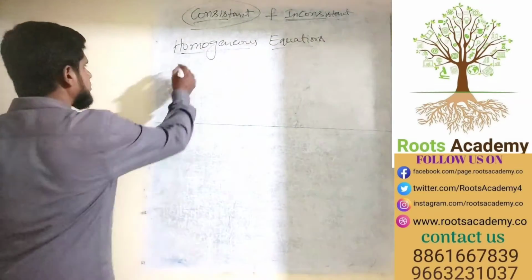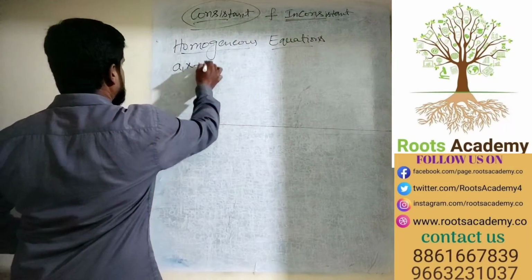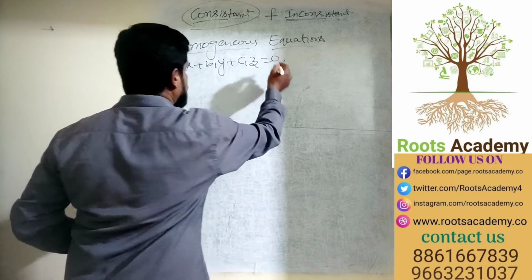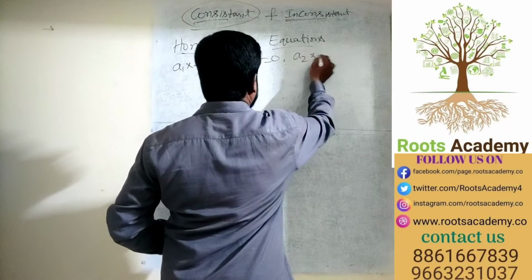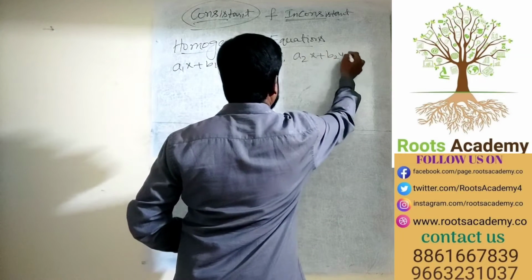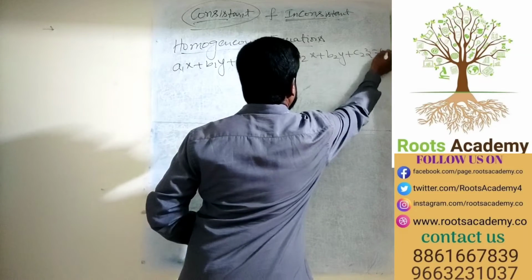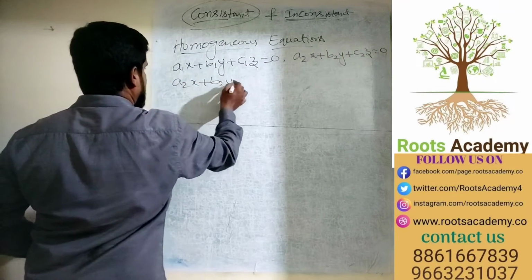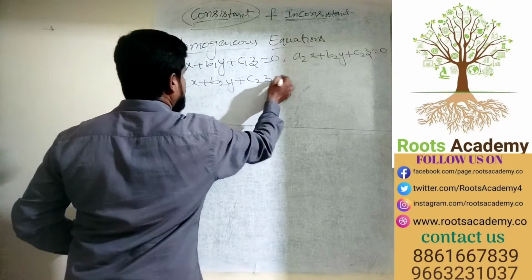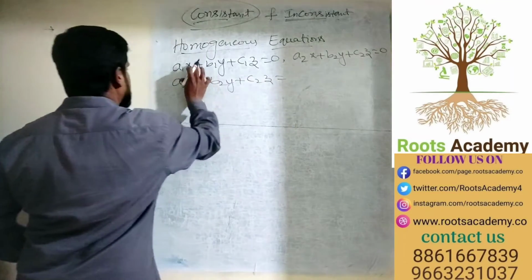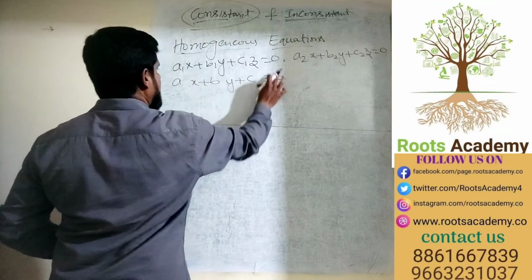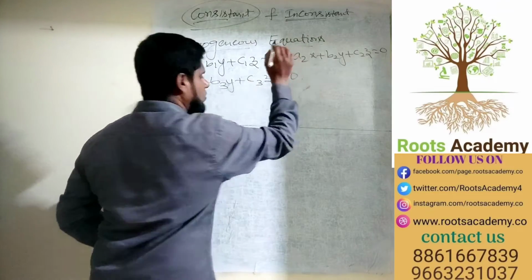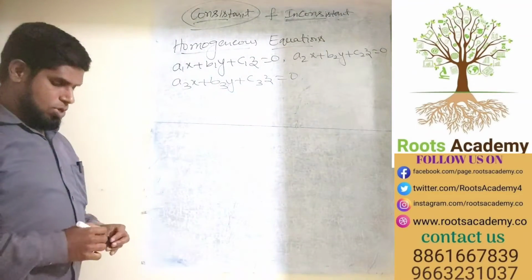Example: a1x plus b1y plus c1z equals 0, a2x plus b2y plus c2z equals 0, a3x plus b3y plus c3z equals 0.